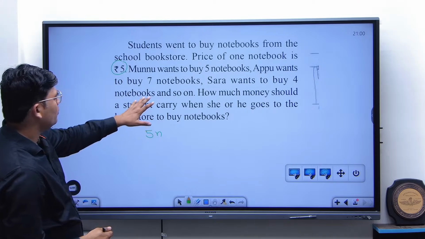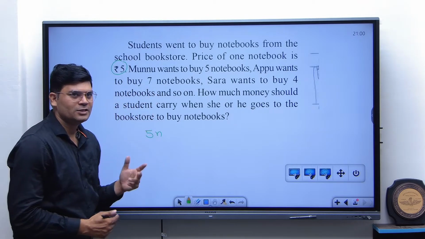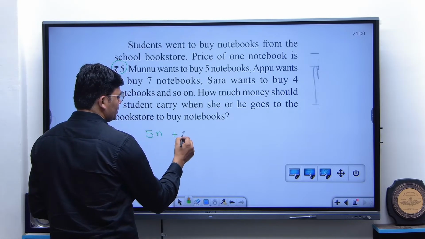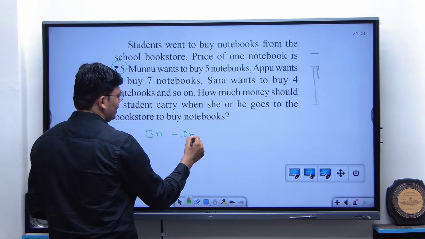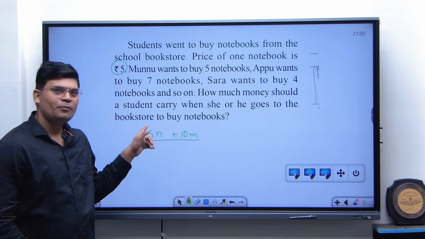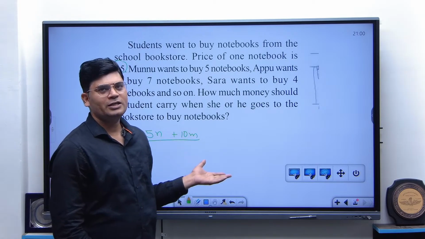So they are going to buy only notebooks. Okay, suppose they want to buy books as well, and a book costs ₹m, 6 rupees or 10 rupees. So we can say 5n plus 10m. So we can put the rule, we can put the value, and if somebody wants to know how much, then he can easily calculate.